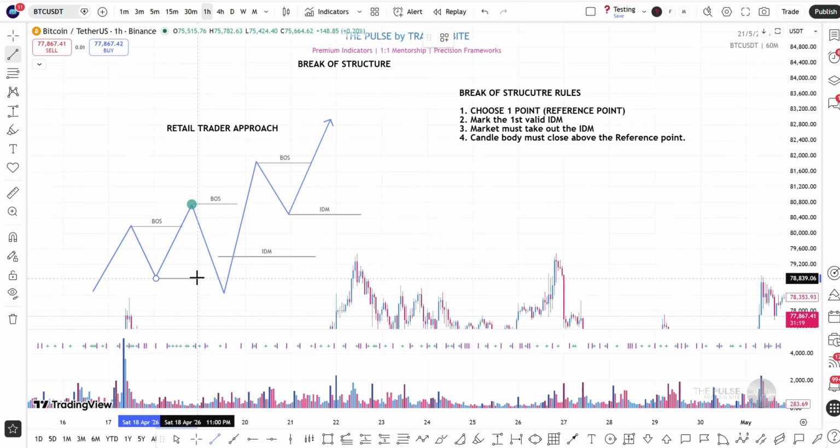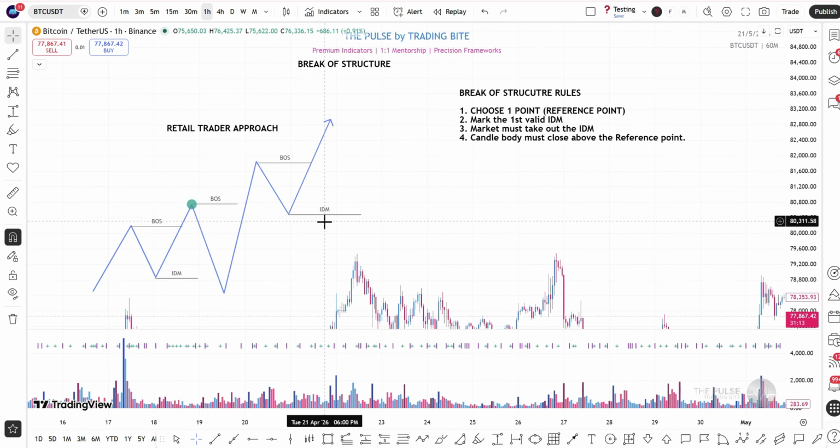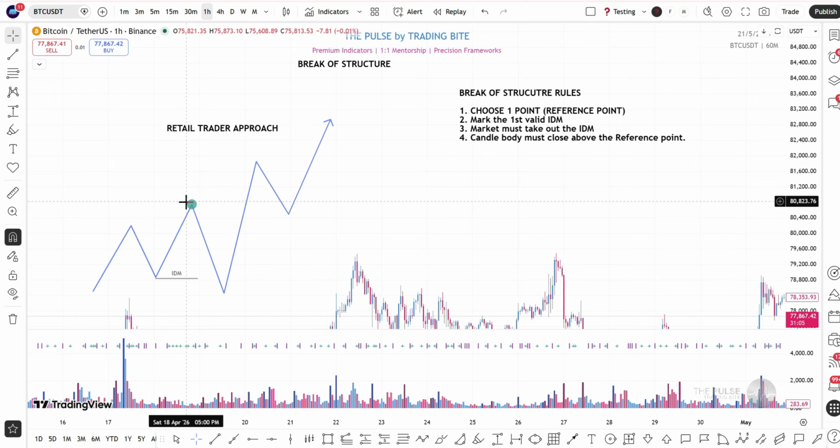So this is our valid IDM. Let's remove everything for now. This is our reference point, and this is our IDM, which is on the lower side because the market is on the buying side, a buying trend, and we have to find the IDM on the left side and on the downside. So this is the IDM.